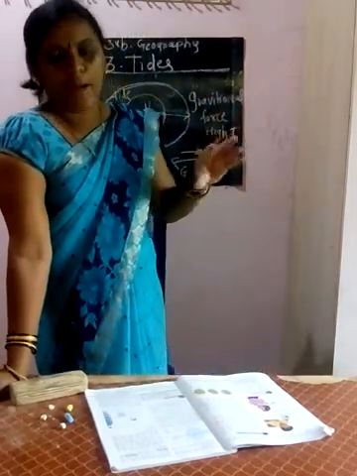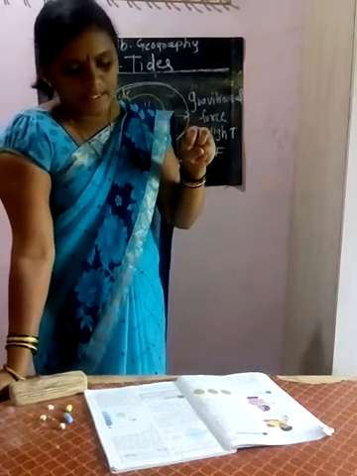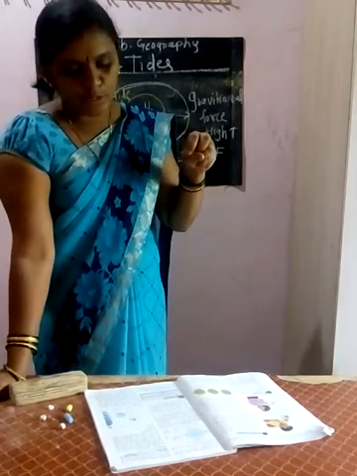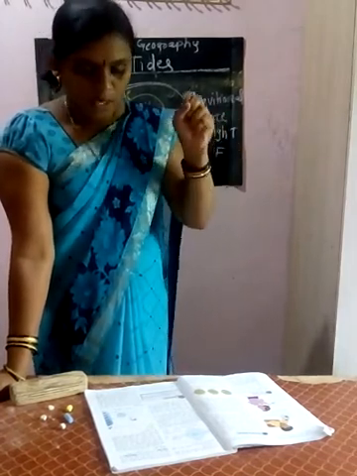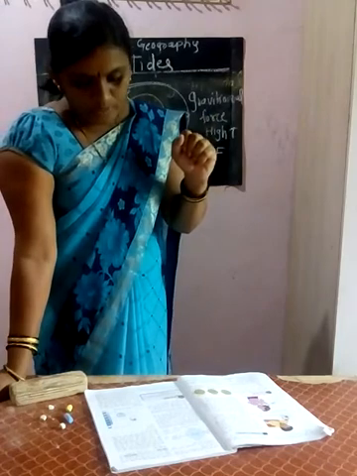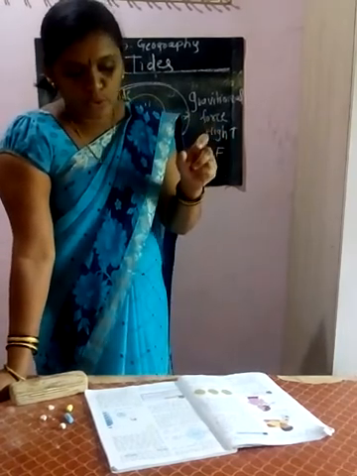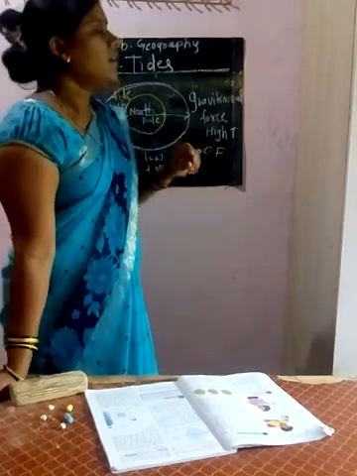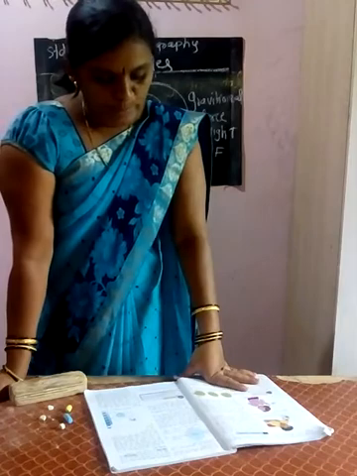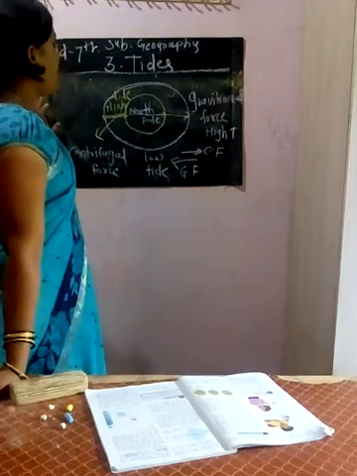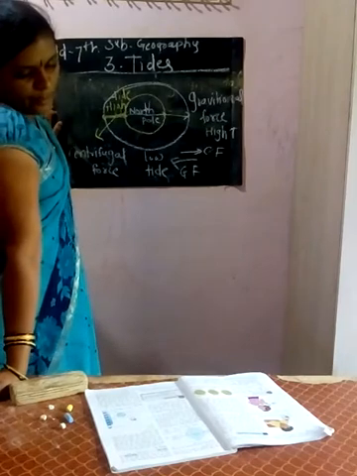That means at that time the moon is closer to the earth than the sun, hence its gravitational force becomes more effective than the sun's.